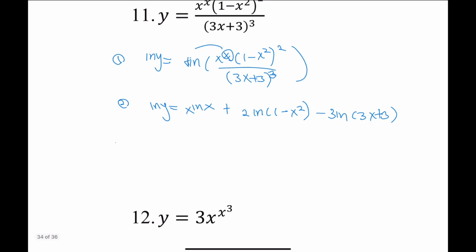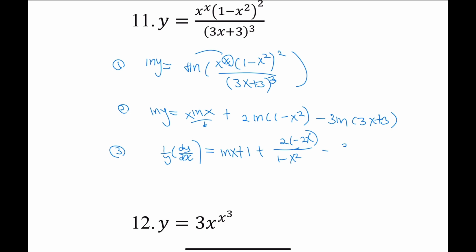Okay, and then now we differentiate. So 1 over y dy over dx equals, so use the quotient rule, well, not the quotient rule, sorry, the product rule. So this would be ln x plus x times 1 over x, which is 1, so we're just going to write 1, plus 2 times the derivative of 1 minus x squared, which is negative 2x right here, minus 3 over 3x plus 3, which is, we have to do 3 right here too.